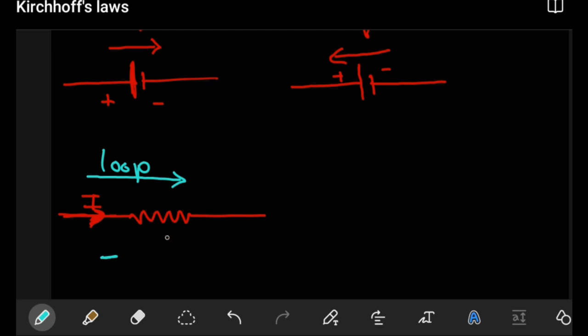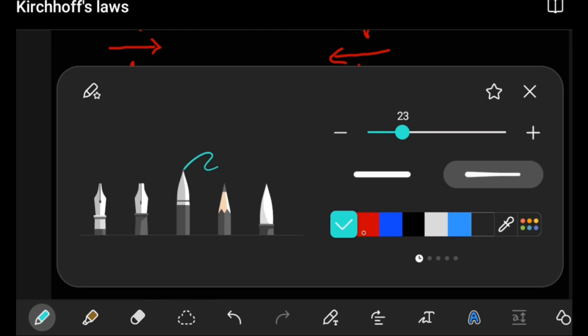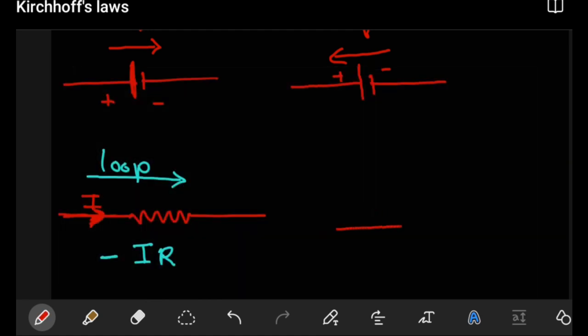If you know the resistance, you can just multiply the current passing through this resistor by the value of the resistance, but it has to be negative. But let's say this is our circuit, this is our resistor, and in this resistor, current is going in this direction, the backward direction, but our loop is going in this direction.